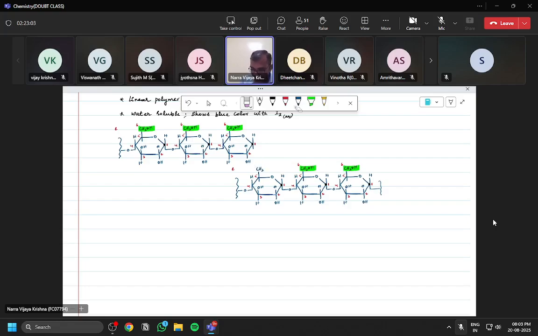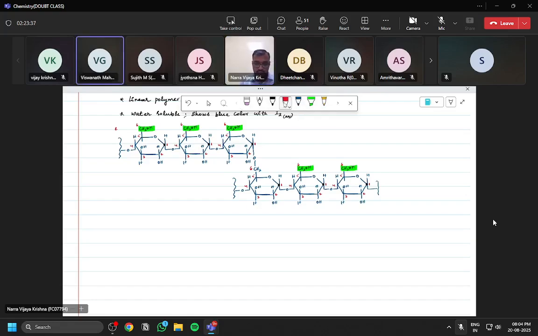From this sixth carbon and first carbon, I am removing water. So now I got one more link between the first carbon and the sixth carbon. Is it clear, sir? Yes, sir. Then we call it amylopectin.